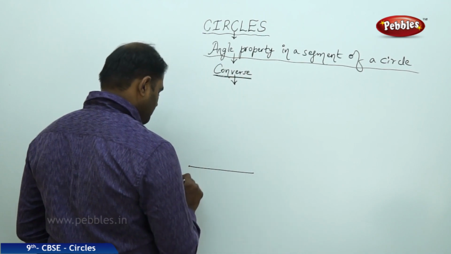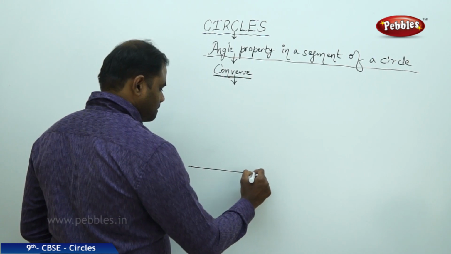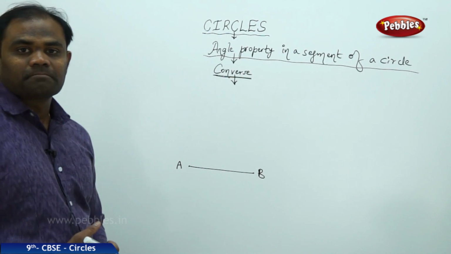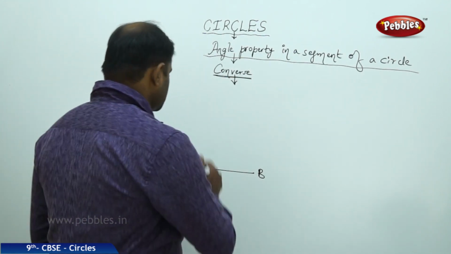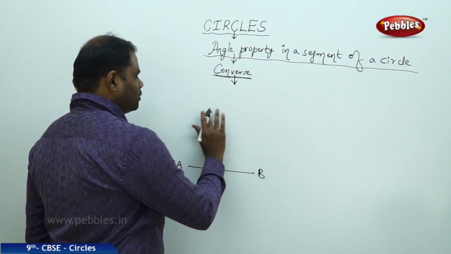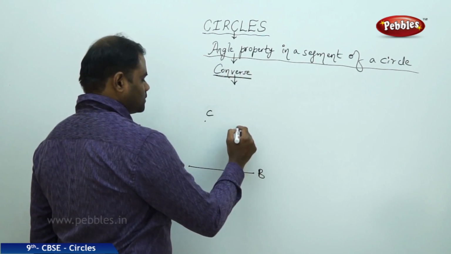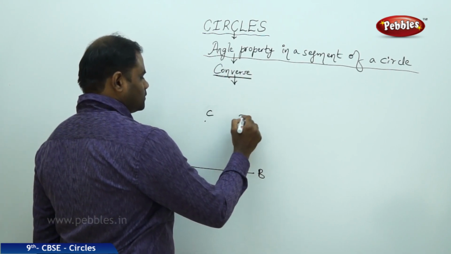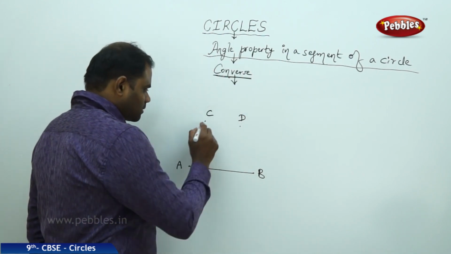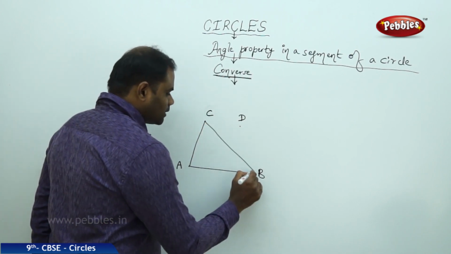a line AB, and say there are two more points. I take this to be C, and here is another point D, such that this line segment subtends equal angles at these points.